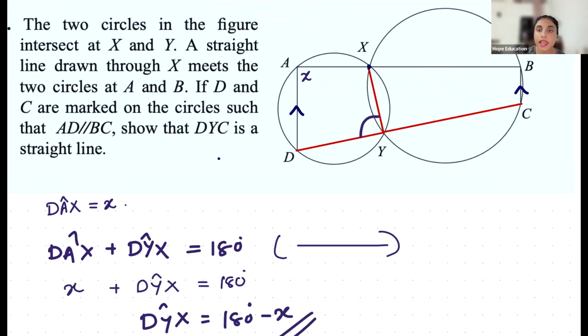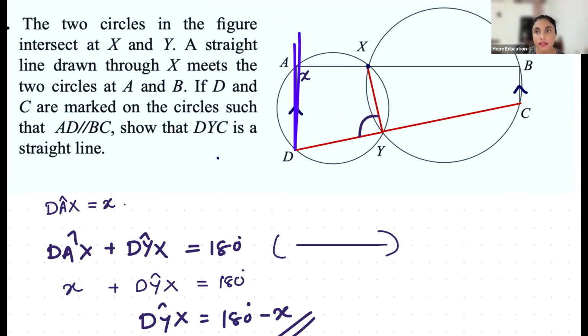This line and this line are parallel. What does that make this angle and this angle? Between the parallel lines, what are those two angles? Allied angles.